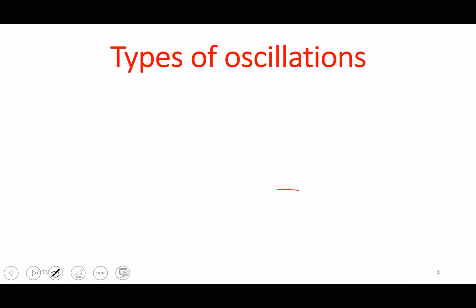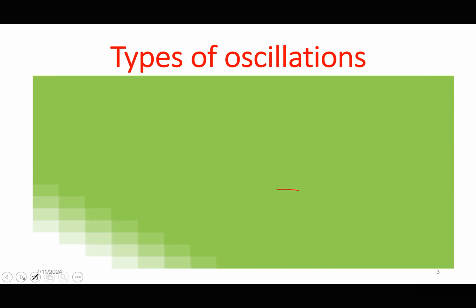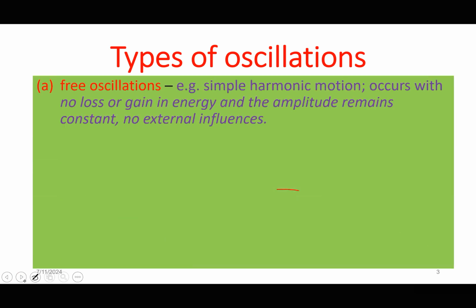So simple harmonic motion is an example of free oscillations because the oscillations are expected to continue indefinitely with a constant amplitude, with no loss or gain in energy. No external influences occur, and no dissipative forces are considered in this case.